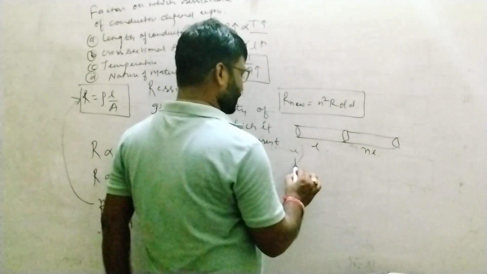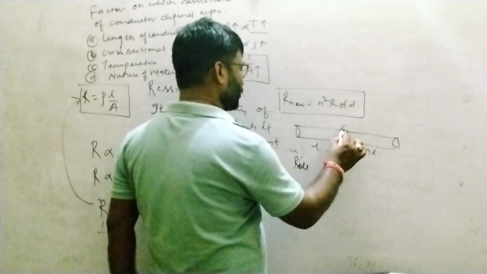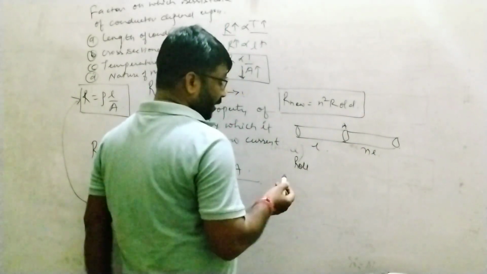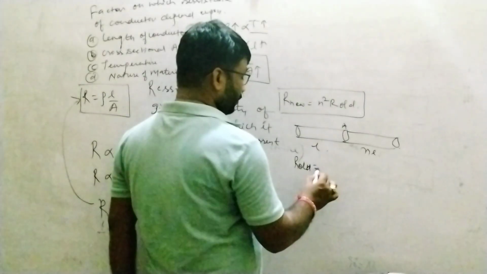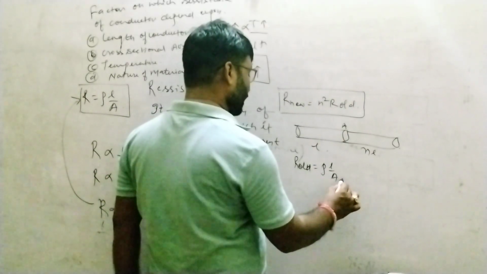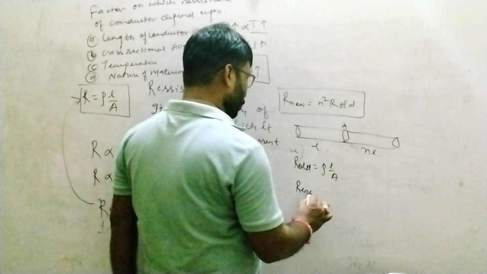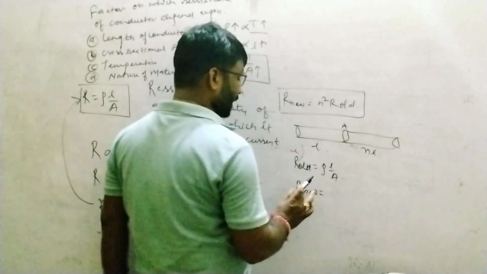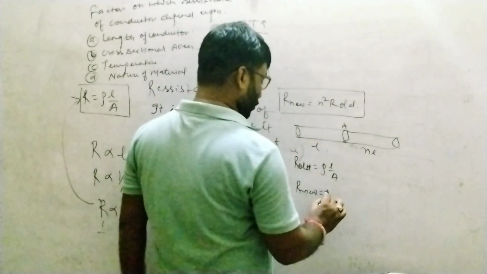So what is the initial resistance? If we talk about the R old, suppose the cross sectional area is A. The R old value is rho L by A. If we talk about the R new, what will you get? Rho.